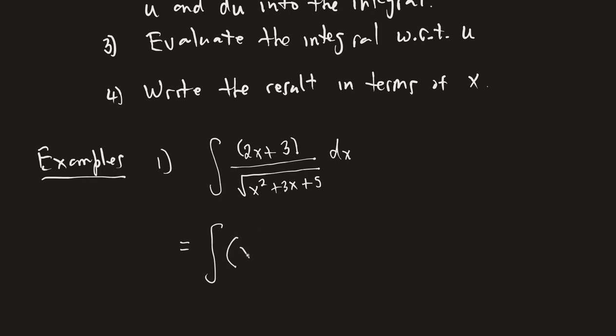So then it looks like this: x squared plus 3x plus 5 all to the negative 1/2 power, and then times that quantity that I had there, the 2x plus 3 dx, right? And when you rewrite it this way, it's important to use the parentheses, because that tells me that it's this entire quantity times this entire quantity, and then times the dx.